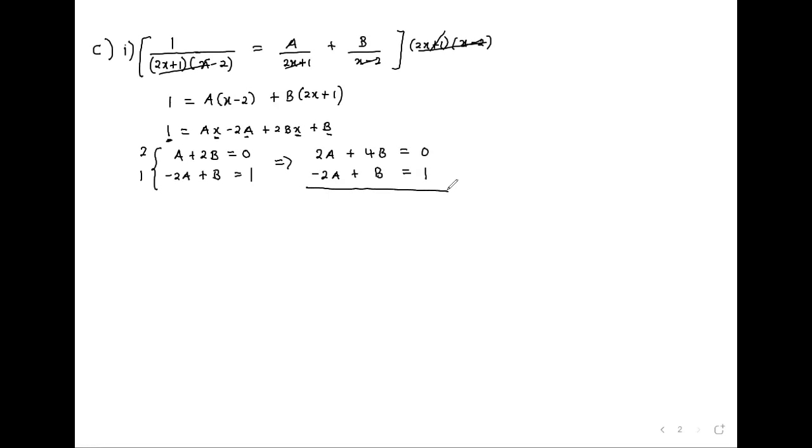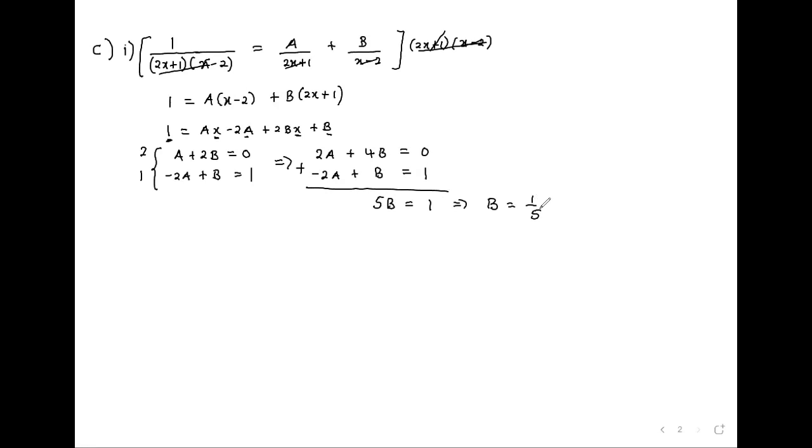And then we do the addition. So we'll have 5B is equal to 1, telling us that B is 1 over 5.